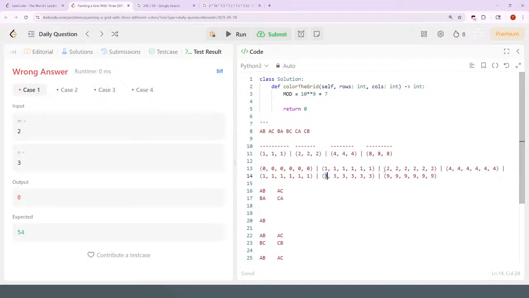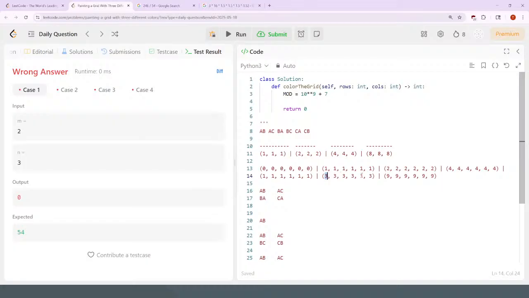And then there's 3 ways this thing is A, B, and of those 3 ways, if there's a B here, no, sorry, what am I looking for?